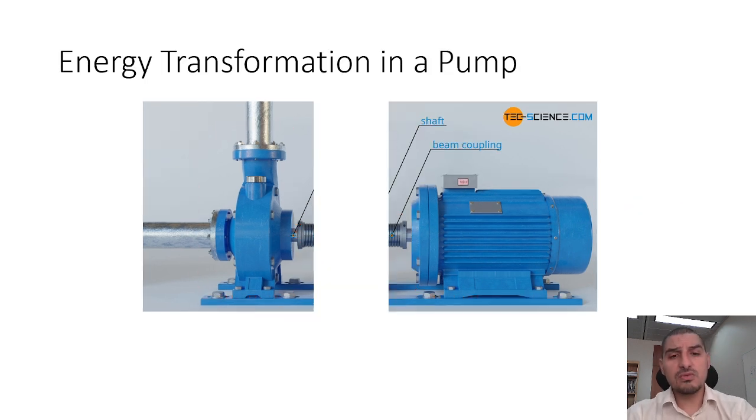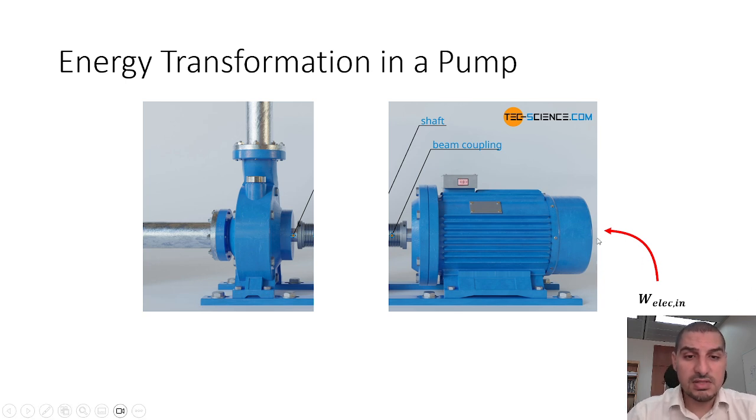Now, based on what we said, these are the components of the pump. So I will discuss here the direction of energy transferring from one unit to the other. We start here with electric energy in. This is in because it's going into the pump, or into the motor, and this comes out as shaft work out of the motor.